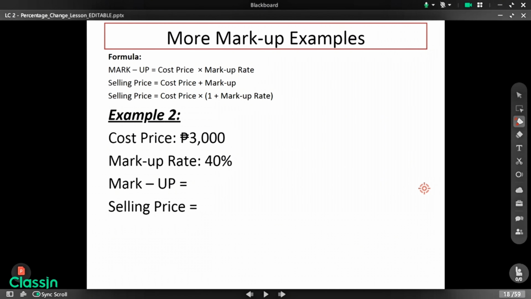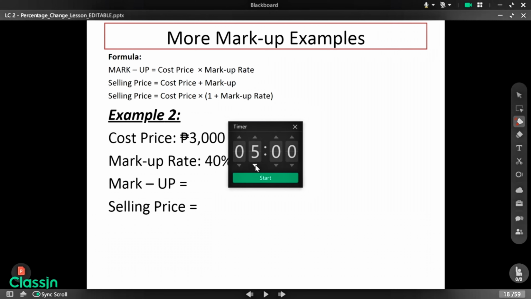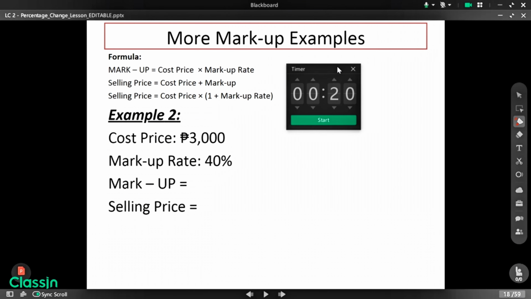Alright, now it's your turn. Would you mind doing example number 2 for only 20 seconds? Again, you need to do example number 2 in 20 seconds. Your timer starts now.